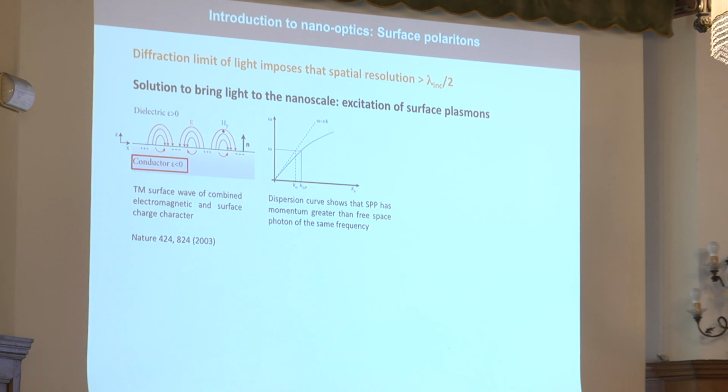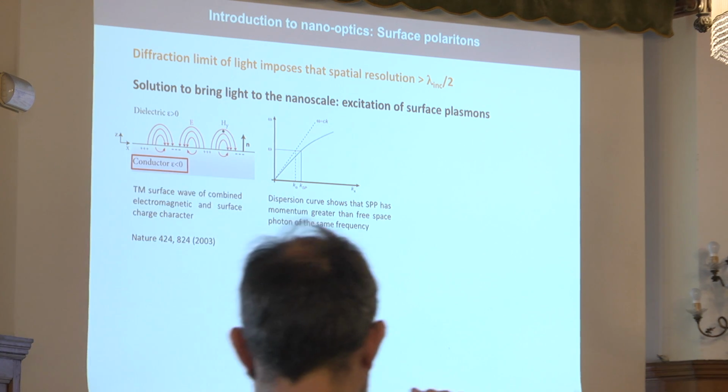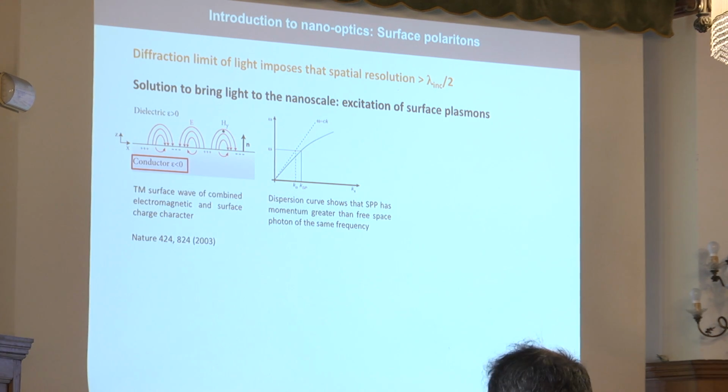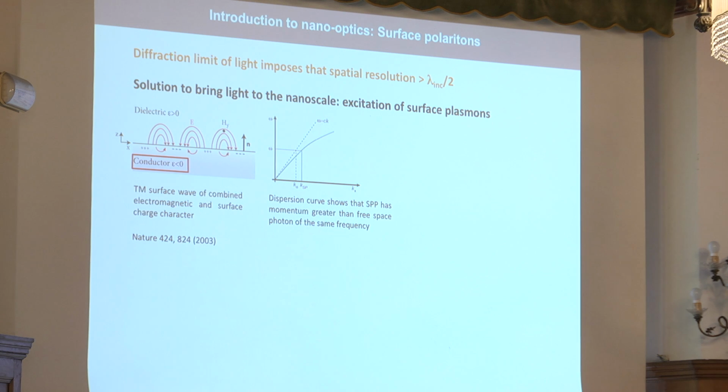But what are the properties of these surface waves? Well, the main property is that they are a mix between light and matter. So it has the properties of light, like frequency, but because it involves moving matter, in metals free electrons, in these polar crystals the lattice, and because it involves mass, the momentum of these waves is larger.